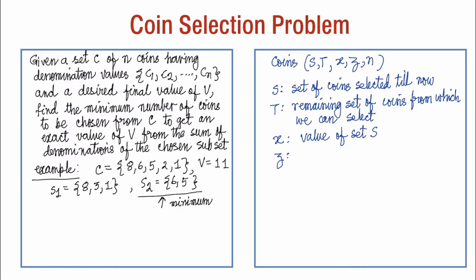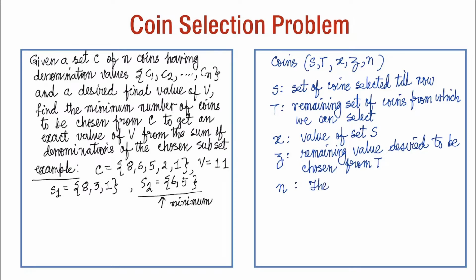Z is the remaining value desired to be chosen from T, and N is the number of coins selected.